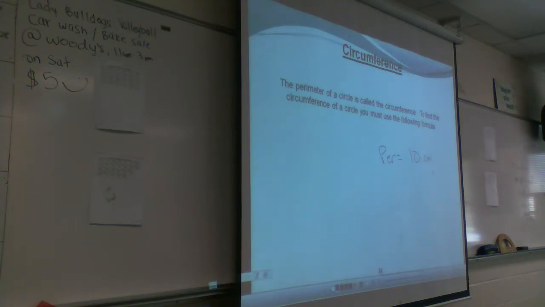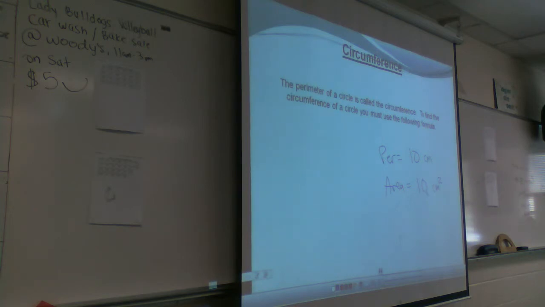Okay? With the units, there's nothing attached to it, it's just flat out units. But if you remember when you do area, if the area was 10, it'd be 10 square centimeters. Okay? So the difference between these two, sometimes if you can remember how the units go, it'll help you remember the difference between circumference and area.